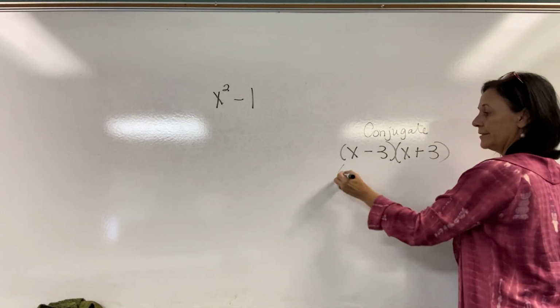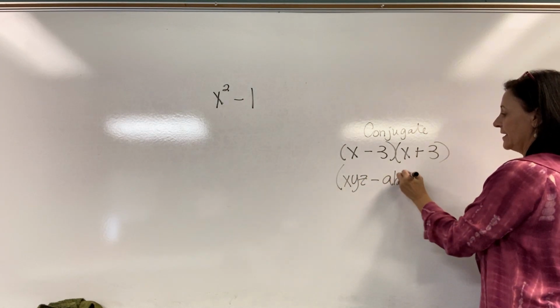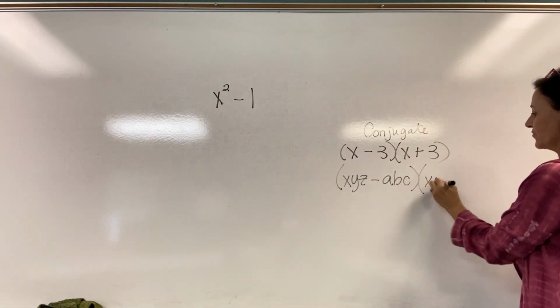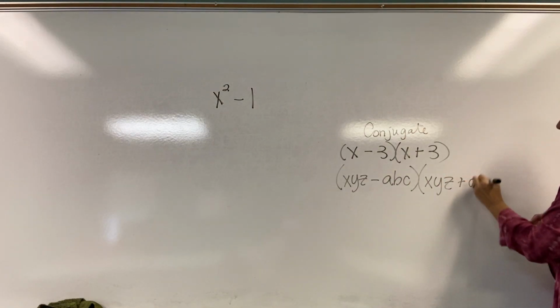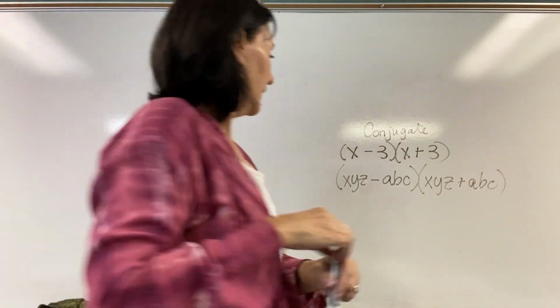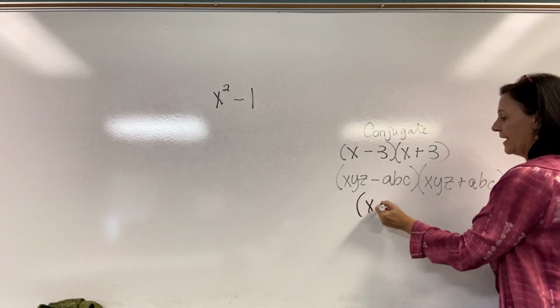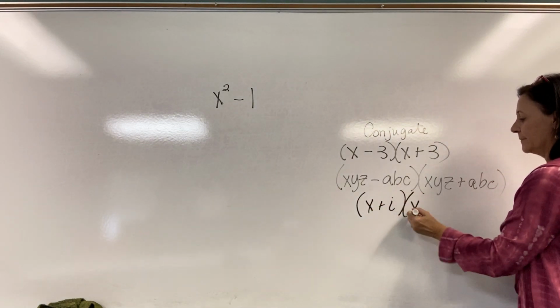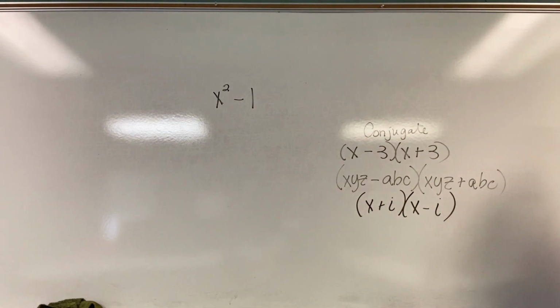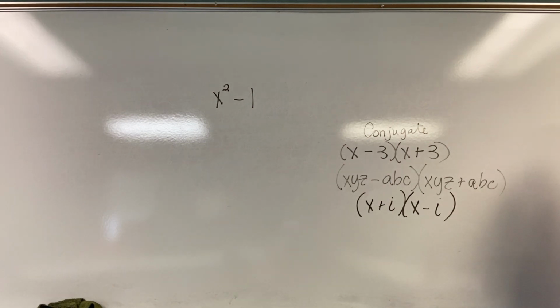So it could be x, y, z minus a, b, c times x, y, z plus a, b, c. It could be x plus i times x minus i. I use that i because we're going to start working with i in just a little bit. It's imaginary, it's a complex number.